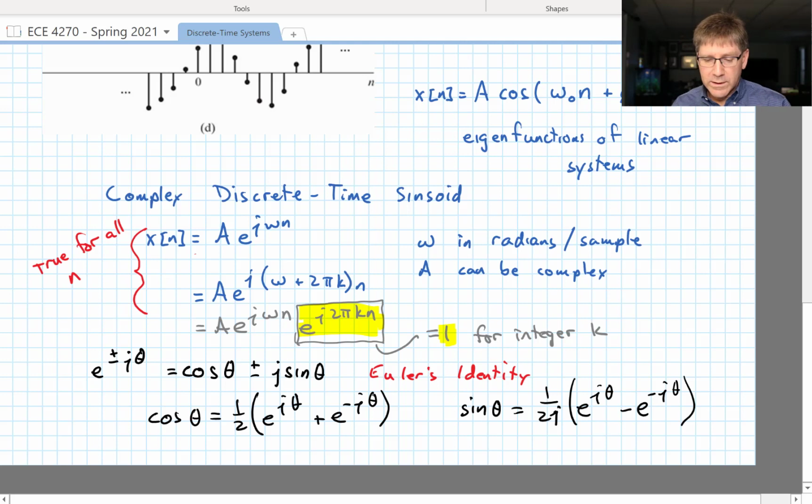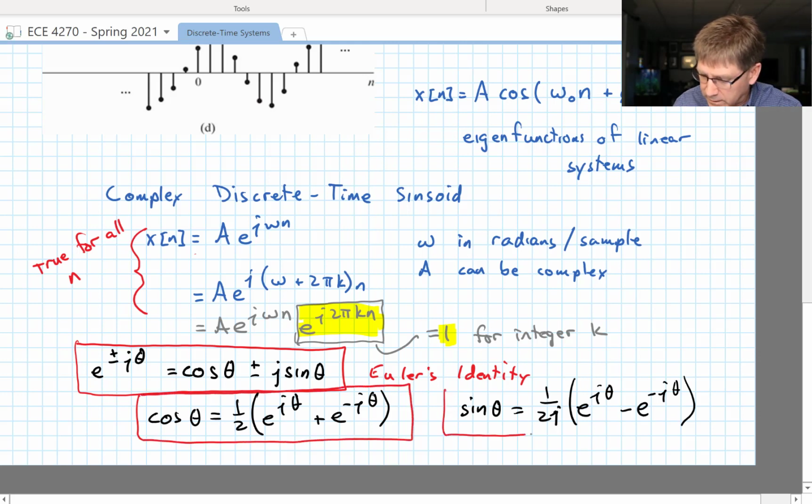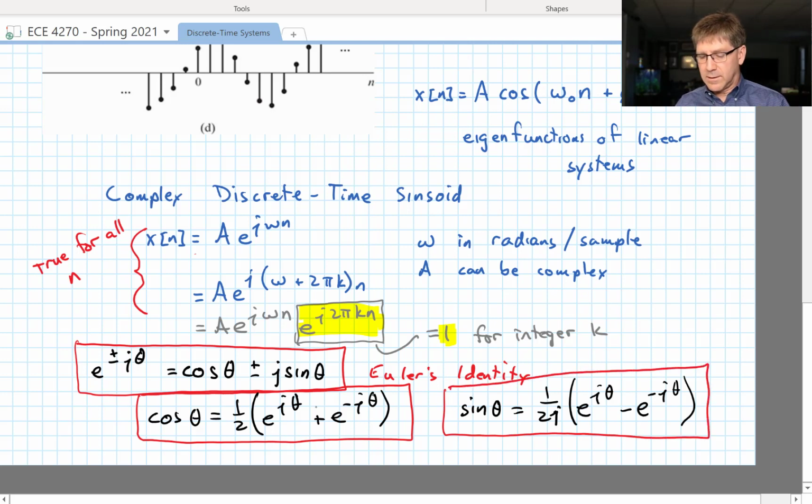So where did these come from? It's fairly easy to see if you simply use Euler's forward identity, plug those into the j thetas here in the inverse relationship, and you can just work it out that it comes back that way. So there's nothing magical about this. It comes from the definition given above.